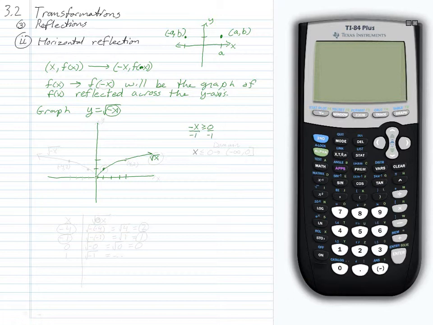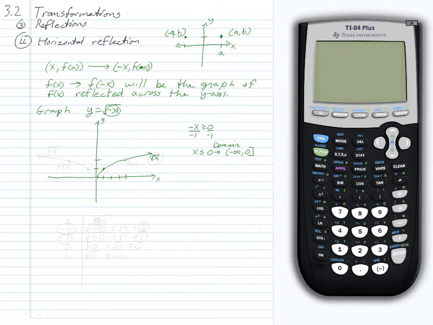So we see that x is less than or equal to 0. So our domain here is actually everything less than 0, or including 0. So this function, when we graph it, should only exist to the left of the y-axis.